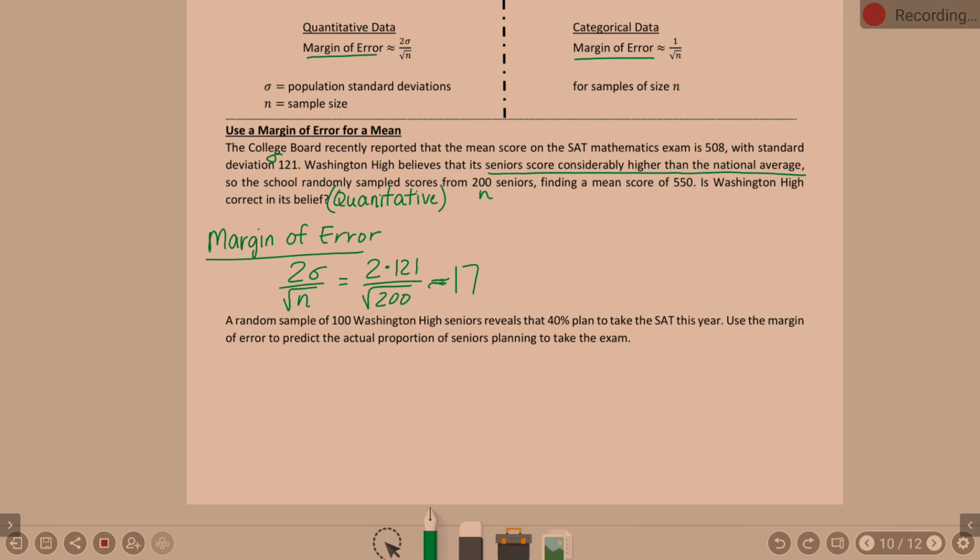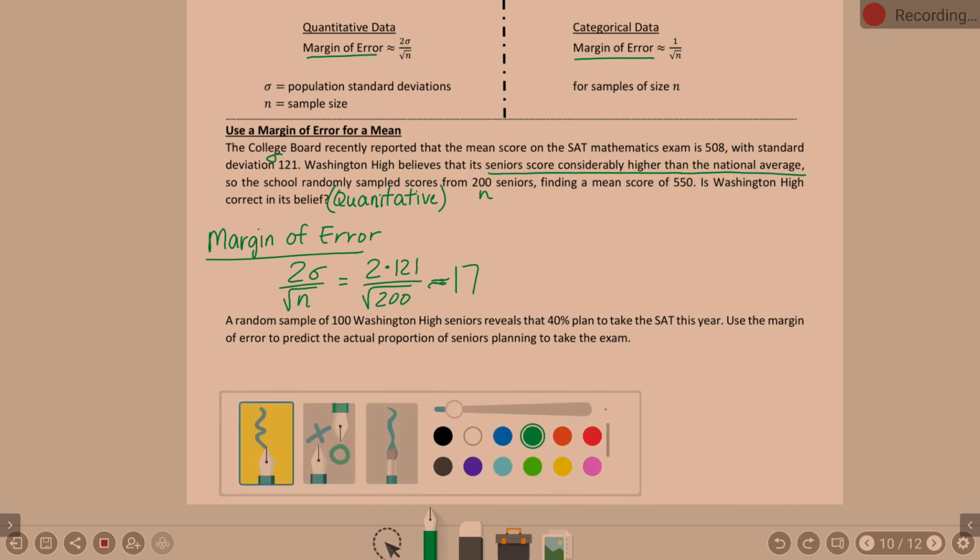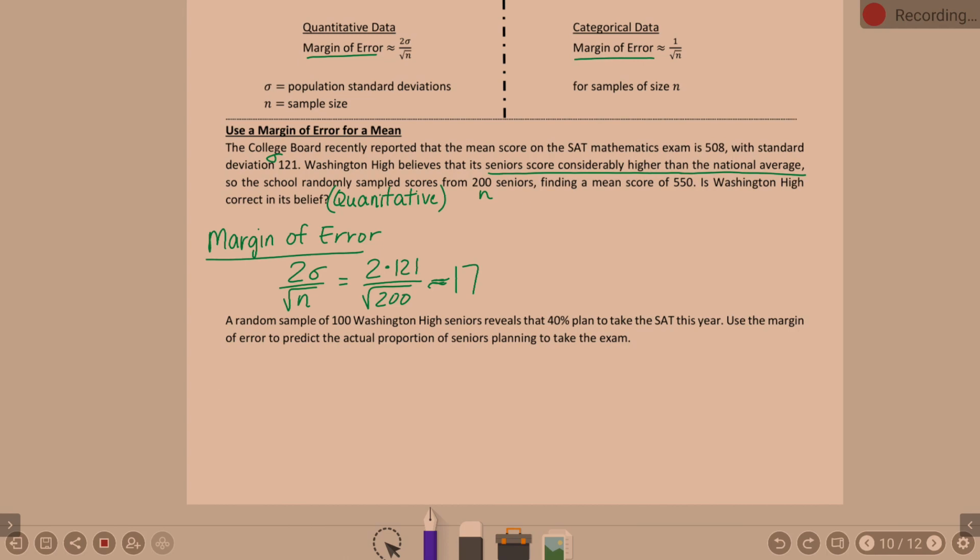Now what we need to talk about is a reasonable range. In order to talk about the reasonable range, we're going to look at the mean plus or minus the margin of error. What was the given mean here? The SAT mean was 508, plus or minus what we just came up with as a margin of error, 17.